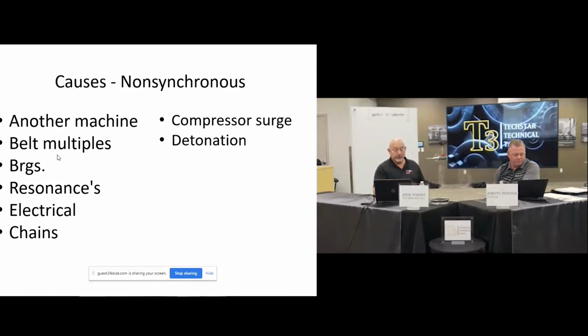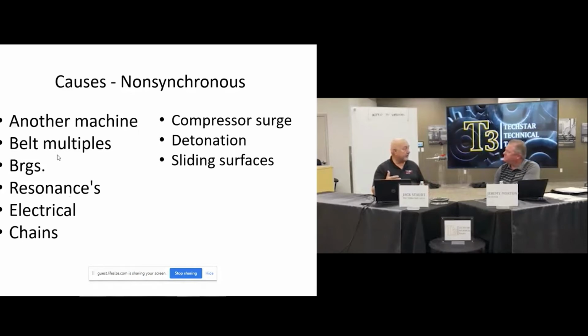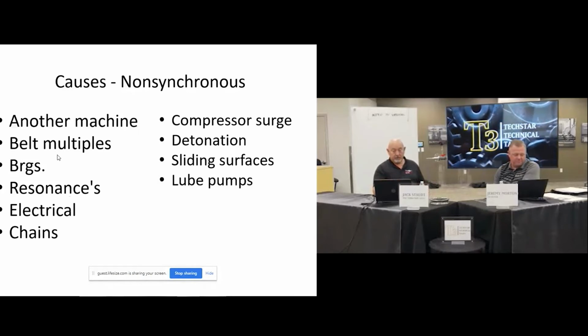Compressor surging, detonation. A lot of people say detonation. What's that? I think more like on a diesel engine or gas engine. Sliding surfaces like you'd have on the crossheads on reciprocating machines. Loop pumps will have a gear inside that I don't know what it is, but it's always at 11.5 times running speed.